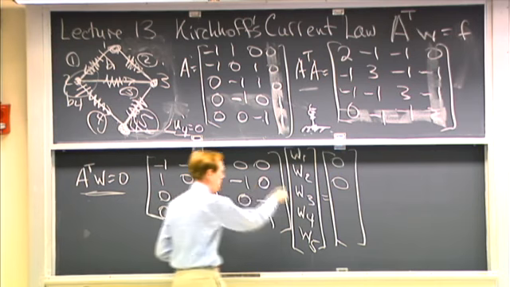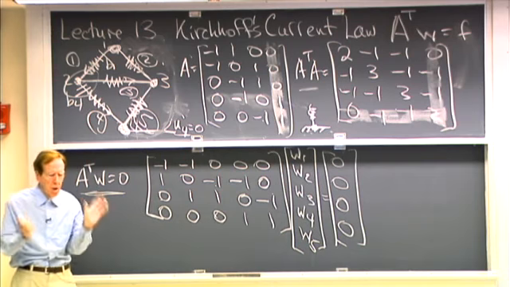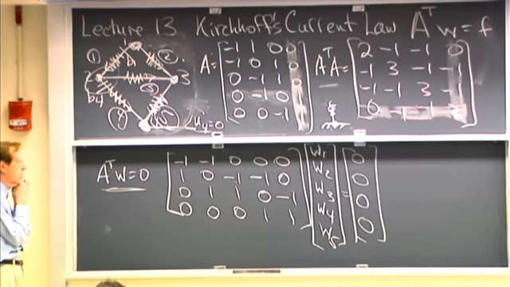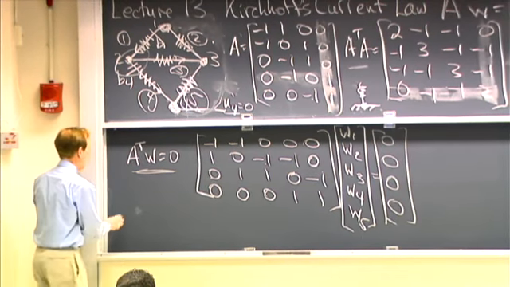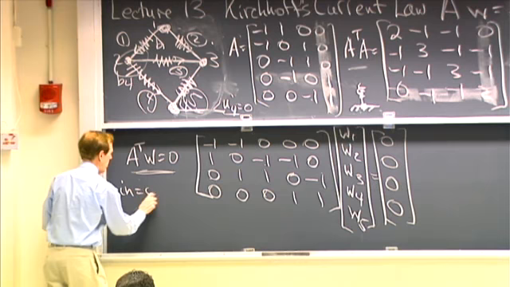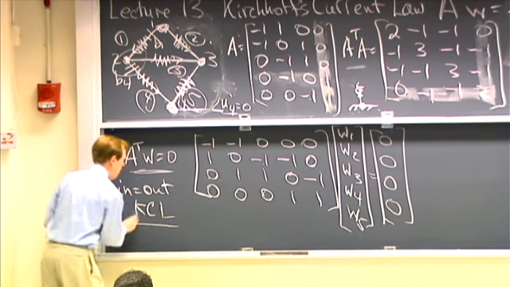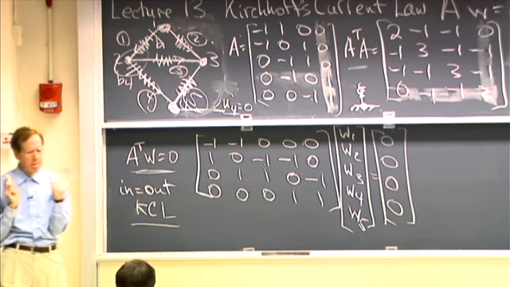Okay, and this one, of course, I guess I'm hoping that you say, yeah, the A transpose really was the right matrix to express in equals out, Kirchhoff's current law. Okay. Of course, by now you're probably getting blasé.